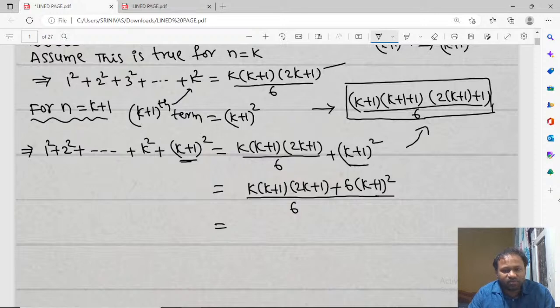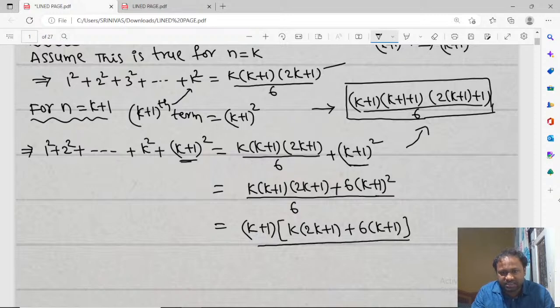Next one. What we get from this, I will write it as common term is (k plus 1). So take out (k plus 1). Then what we get? k into (2k plus 1) plus 6 into (k plus 1), divided by 6.